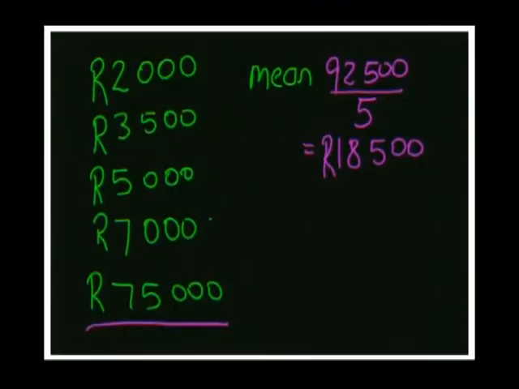So it's not really fair to say that on average they're earning 18,500. The mean in this case, because of this outlier, because my salary was such a huge difference to the others, gets totally skewed.